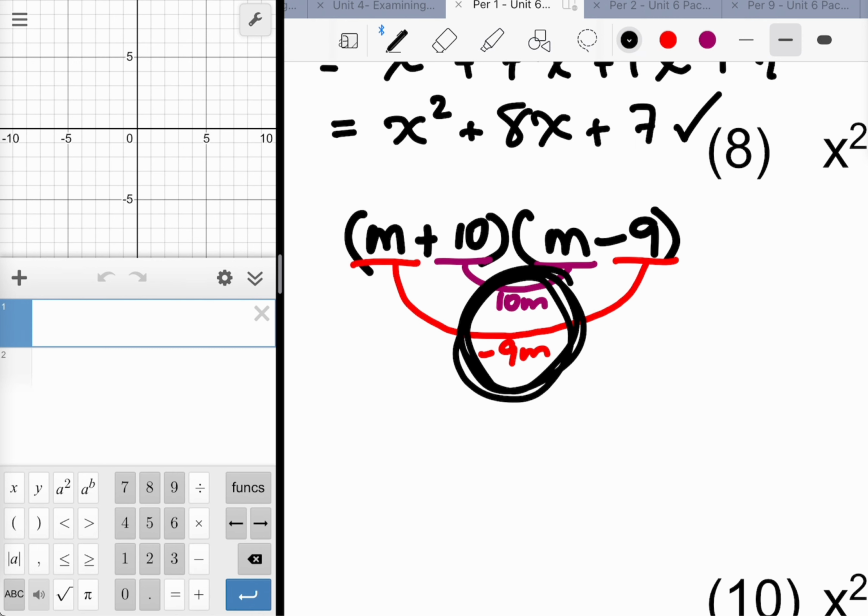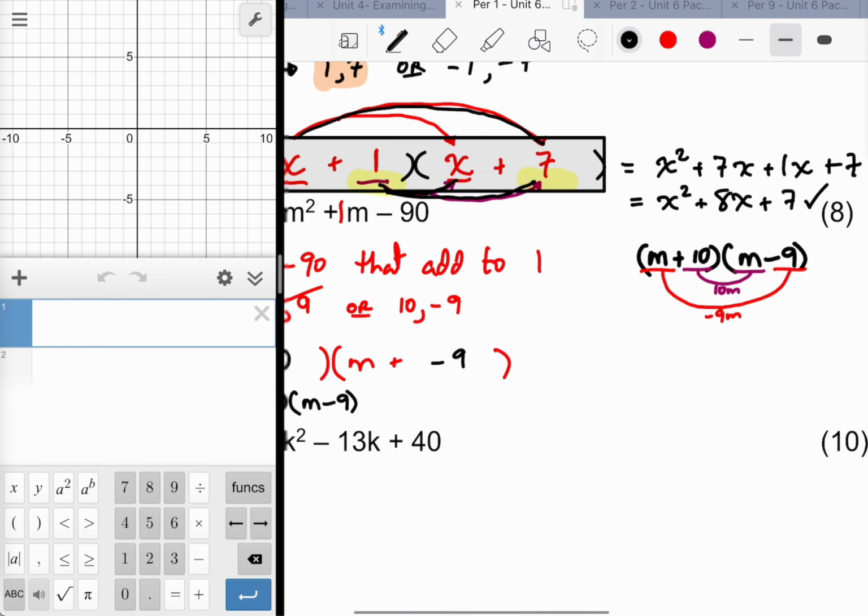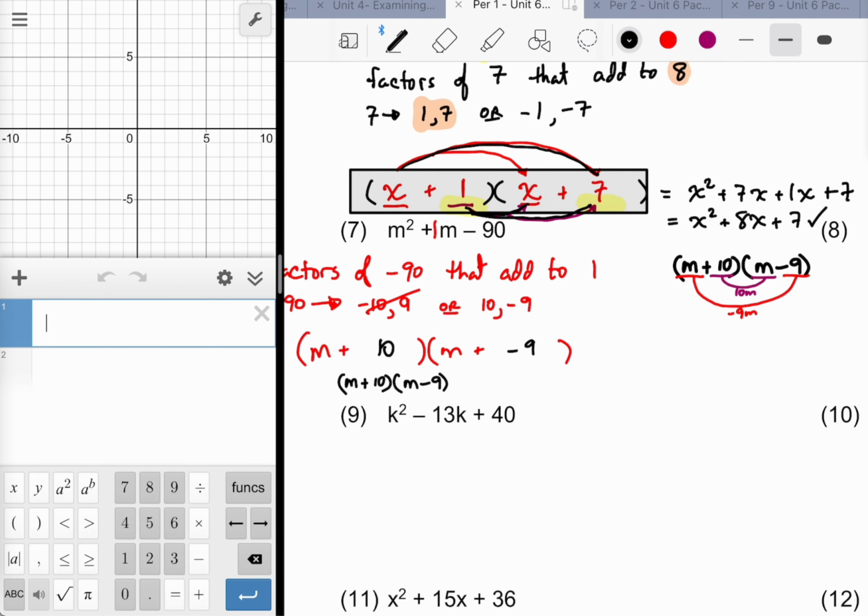So we have a winner. All right? We already suspected that. We came up with that expression to begin with. But it's nice to confirm it.